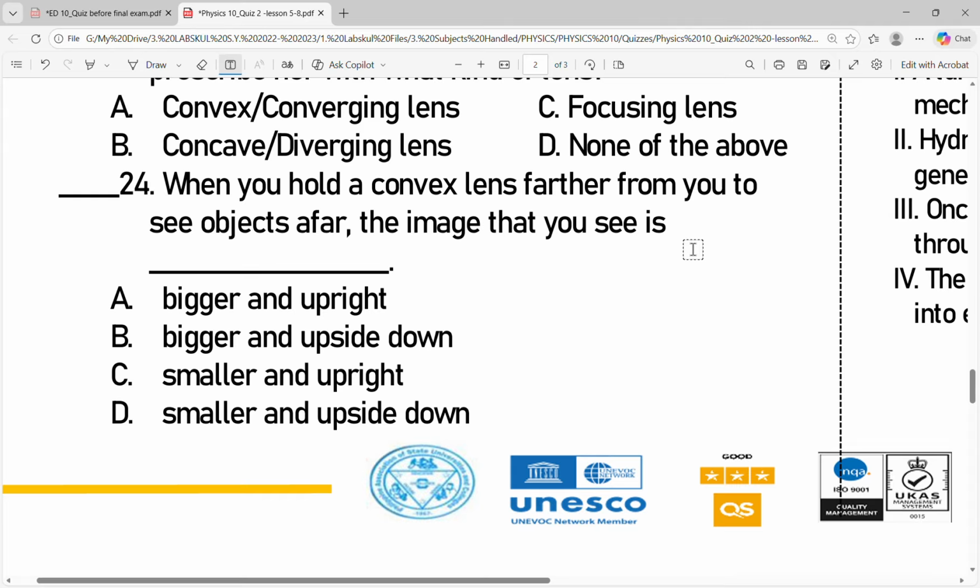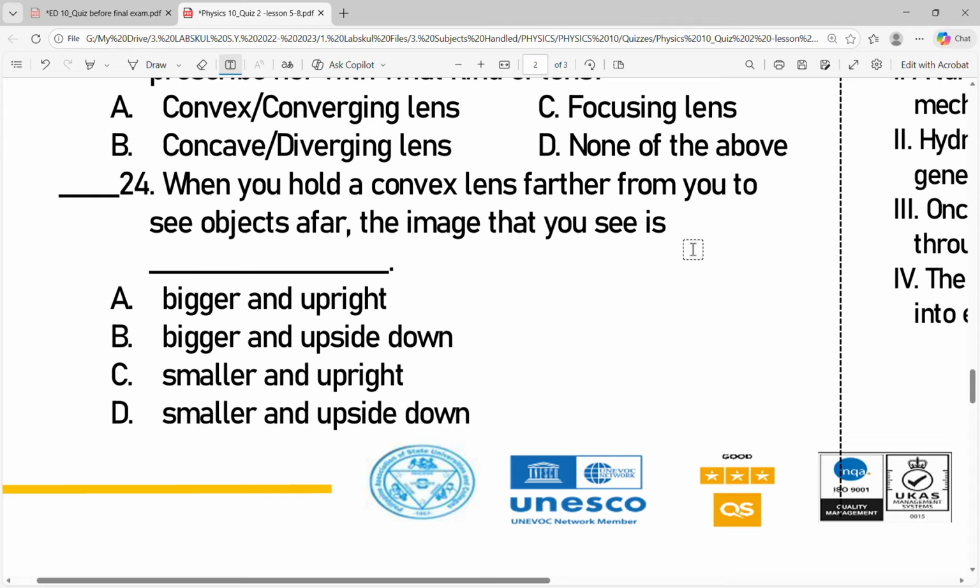Naga-differ man ang iya nga size kung ara siya at the center of curvature, if the object is located at the center of curvature, same size siya. If it's just in between the center of curvature and the focus, the larger yeah size. But if it's farther beyond the center of curvature, mas layo pag yun. And that's what you do when you hold a convex lens farther from you. Okay?